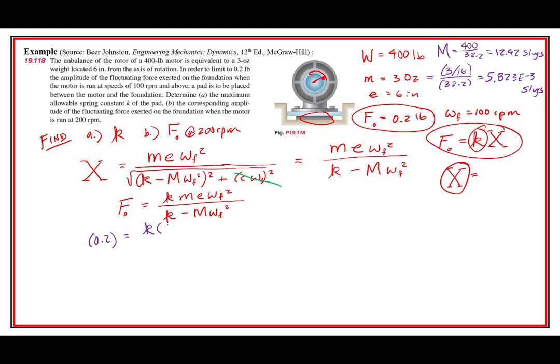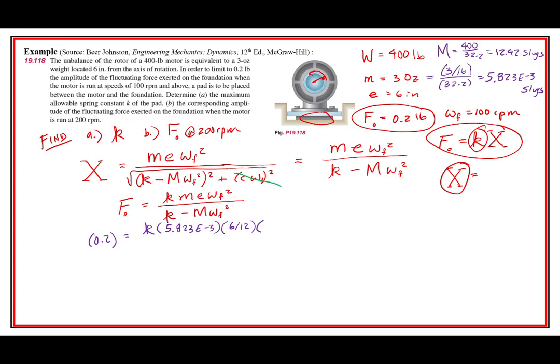So this is going to be the 5.823 E minus 3. The eccentricity, I'll put it as 6 divided by 12. I could just have used 0.5, couldn't I? That would have worked. And then did we convert? 100 RPM. We haven't converted to RPM yet.